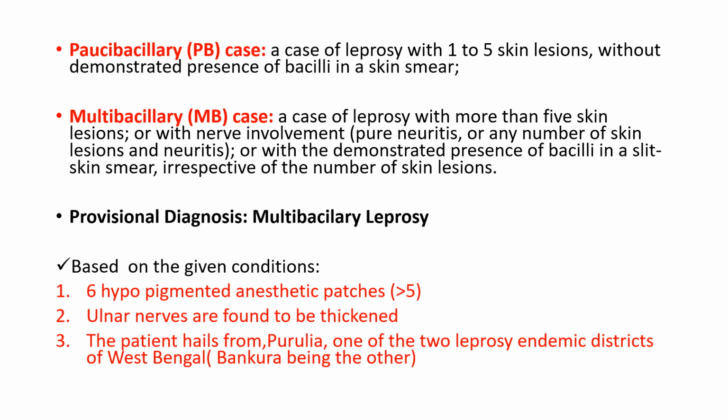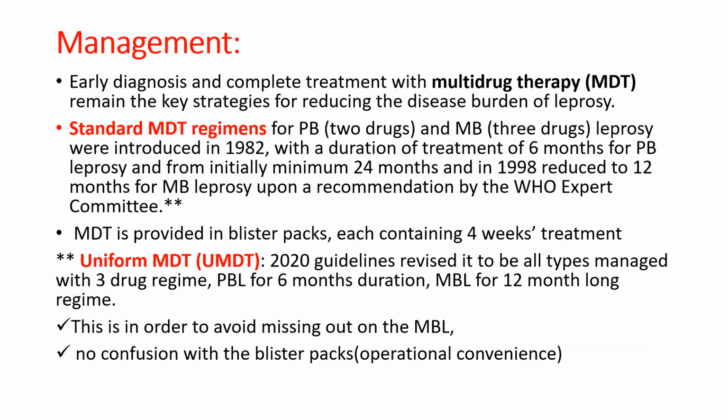The ulnar nerves are found to be thickened, which again fits another criterion of multibacillary. The patient hails from Purulia, and incidentally Purulia happens to be one of the 2 leprosy endemic districts of West Bengal, Bankura being the other one. So this kind of information, conglomerated together, gives you the provisional diagnosis of the particular problem.